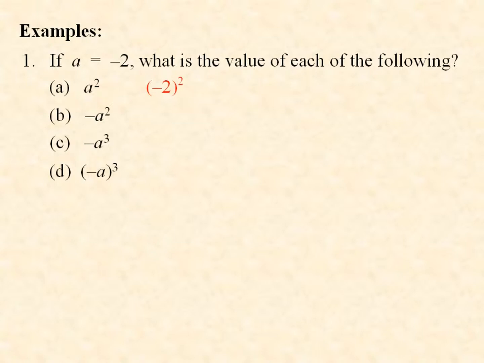The first one is -2 to the second power, -2 squared. And that's -2 times -2, which gives us +4. The second is the opposite of -2 squared, and that's the opposite of -2 times -2, so it's -4.